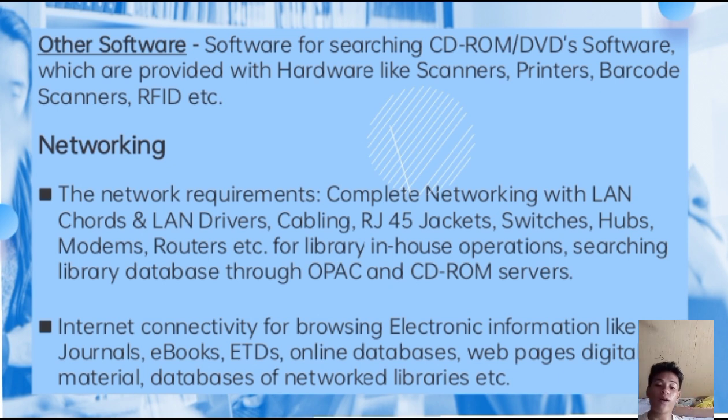The network requirements: complete networking with LAN cords and LAN cables, cabling, RJ45 jacks, switches, hubs, modems, routers, etc., for library in-house operation, searching the library database through OPAC and CD-ROM servers.